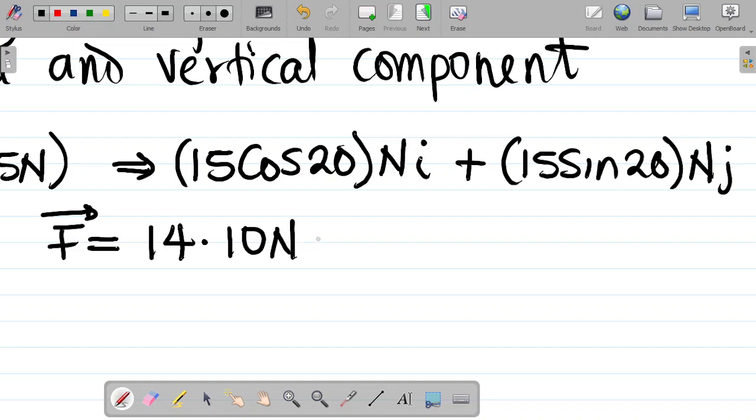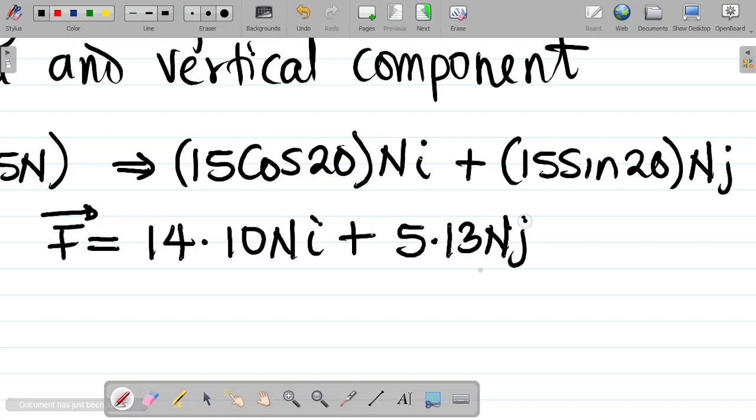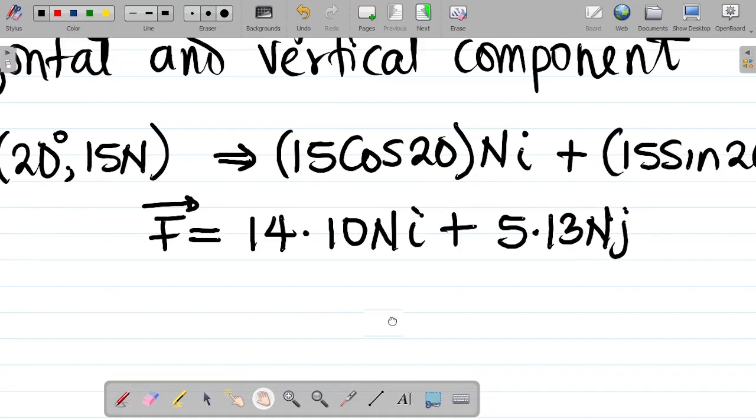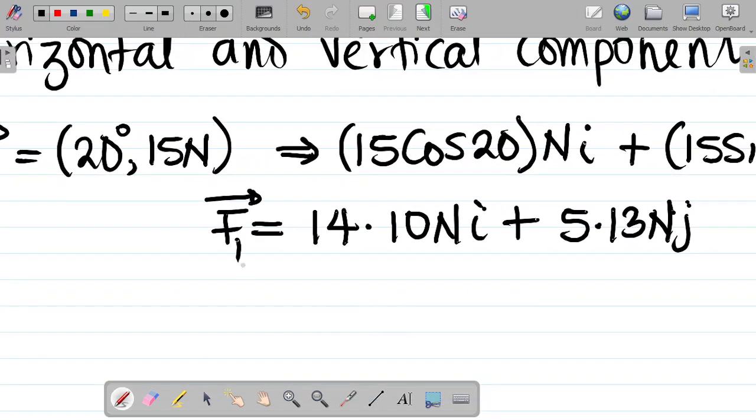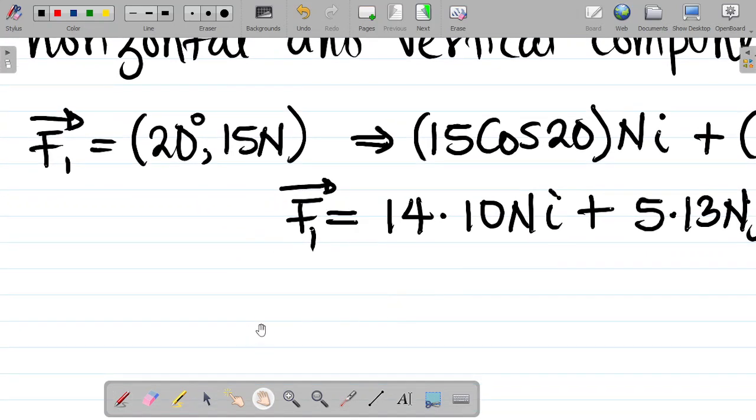This is Newton I plus, next up I have 15 sine 20. So I'll change the cos 20 to 15 sine 20. If you punch 15 sine 20, in two decimal places you have 5.13 Newton J. So hence, this is the value of F1. Let's call this F1. Let's get F2.